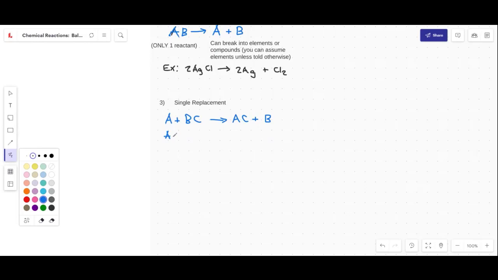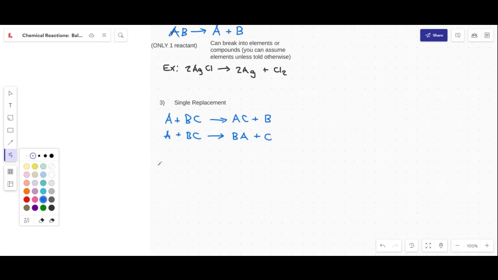You can see A plus BC goes to form BA and C.